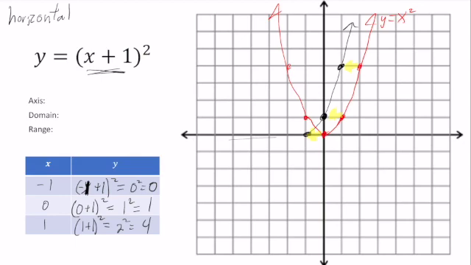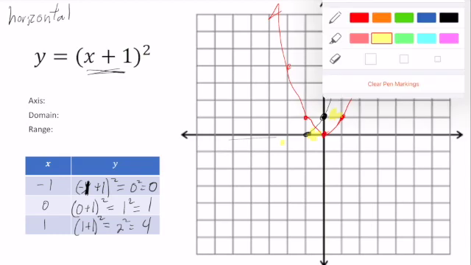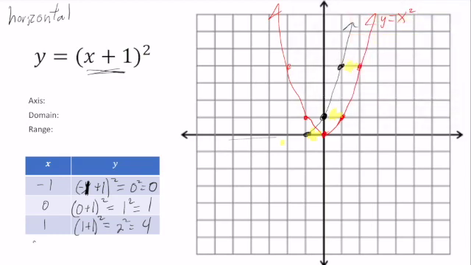So let's take a look at what x would be at negative 1 and at negative 2 and at negative 3. So if x was negative 2, I would have negative 2 plus 1 squared, which is negative 1 squared, which is 1. And if I have x as negative 3, I'd have negative 3 plus 1 squared, which is negative 2 squared, which is 4. Ah, interesting.